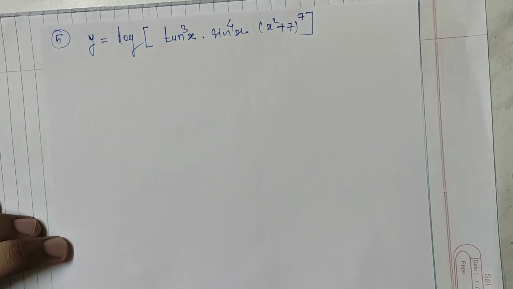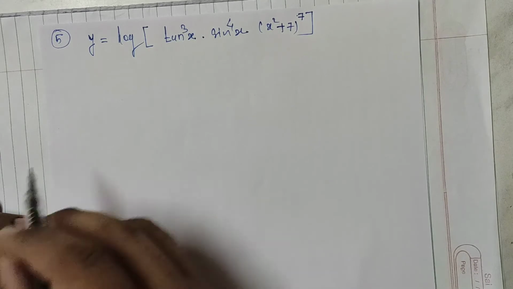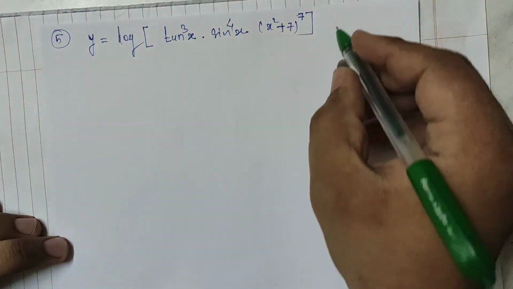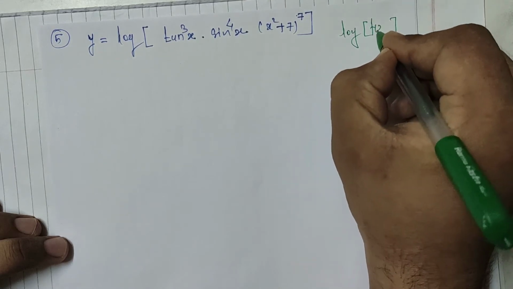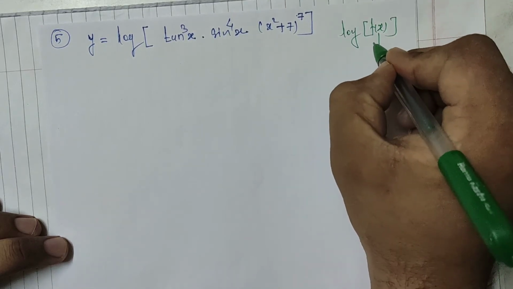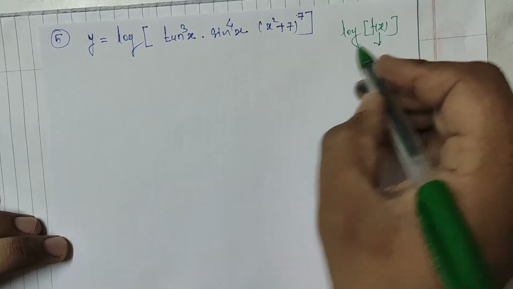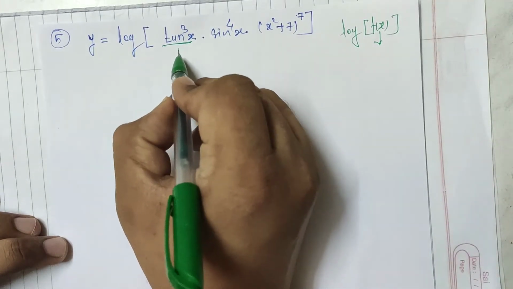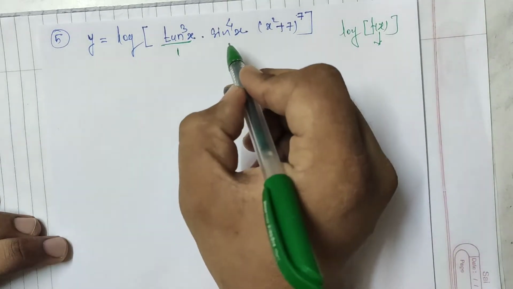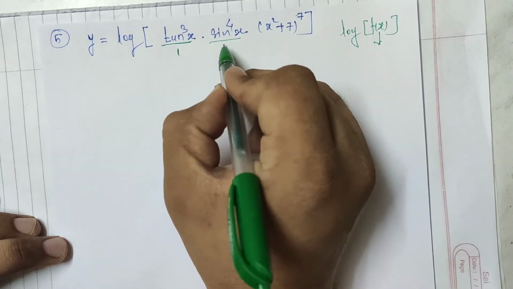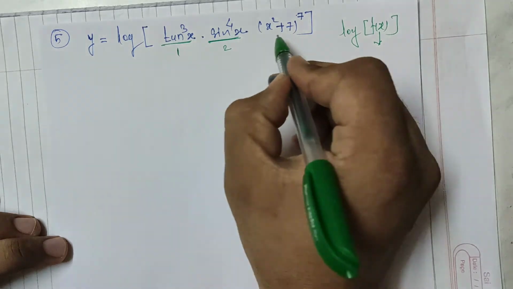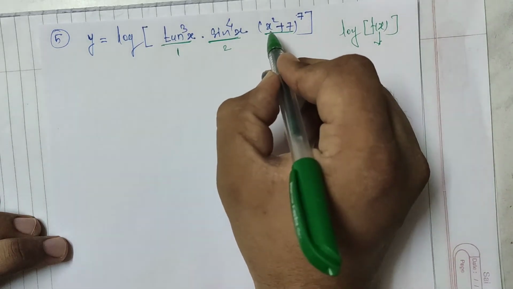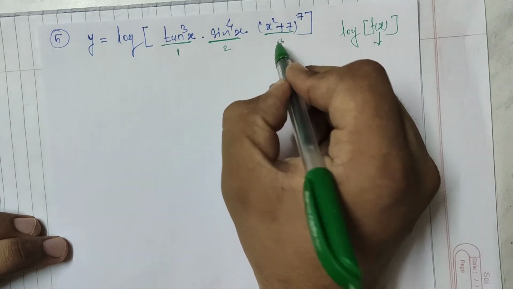Then how to find its derivative? Which form? Log of f of x. But again here, f of x means how many functions? The first function is tan cube x. The second function is sin raised to 4x, sin 4x. Then the third function is x square plus 7 bracket raised to 7.